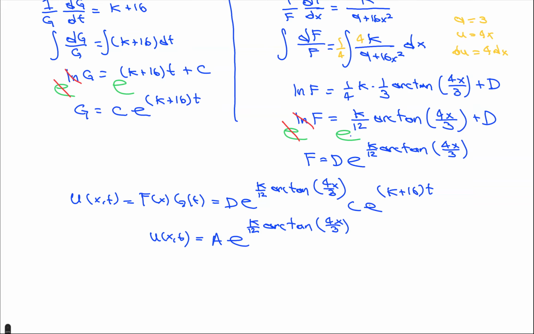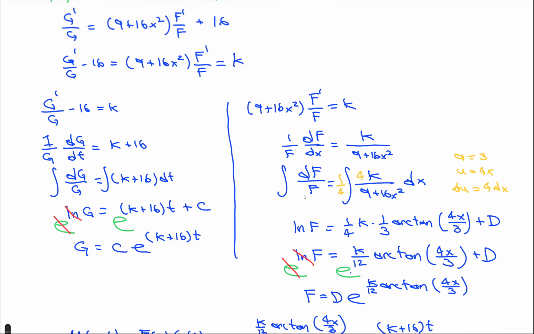And then, because we have the same base, what do we do with the exponents? Add them together. That's plus k plus 16 times t. And that is our general solution to the PDE.